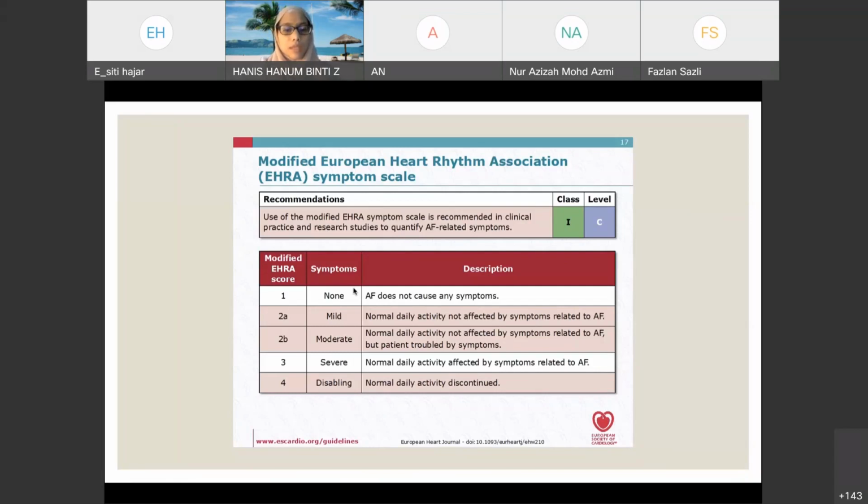Okay, you have to get yourself checked and monitored. Because many patients, including family members, kan, bila dia cakap hypertension dia okay, tak ada rasa apa-apa pun. So because of that, they don't want to take their medication and they don't want to go for monitoring. Okay, they don't want to follow up and whatnot. So that's what we don't want lah. We want to educate the patient to keep on going for follow up and taking their medication.